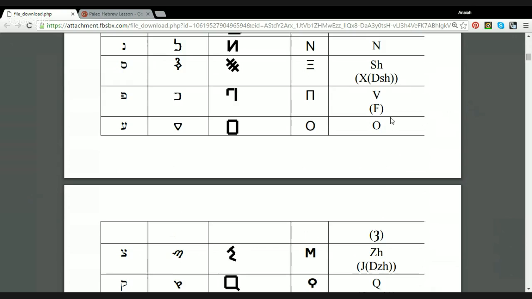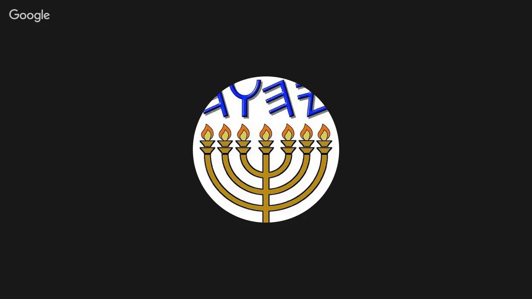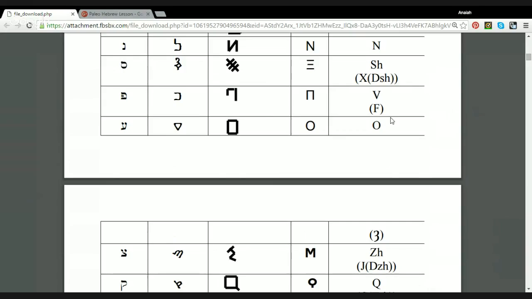Everything's an A in it, and the only vowel they really use is the I, and they say that's for the Ayin, which is really ridiculous.